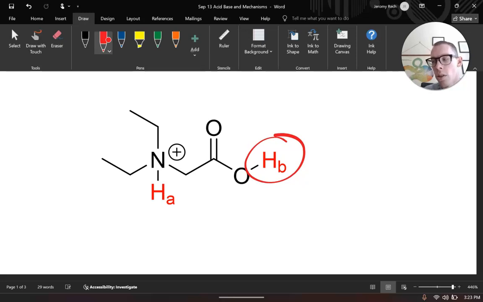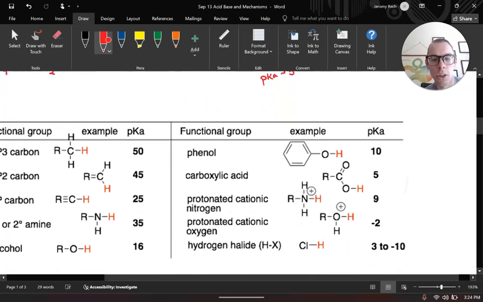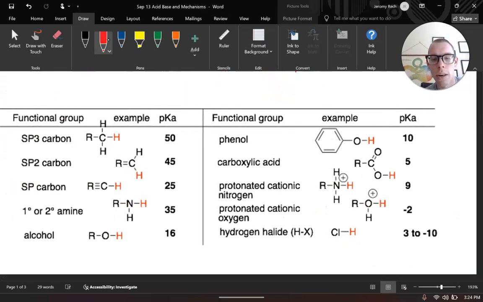While you do have charges, if you abstract HB, the pKa is actually kind of your big descriptor here. The resonance stabilization is just overwhelming. So here, a pKa of a carboxylic acid is around 5. If I look down at the pKa table, and I have kind of just like a shortened version down here.